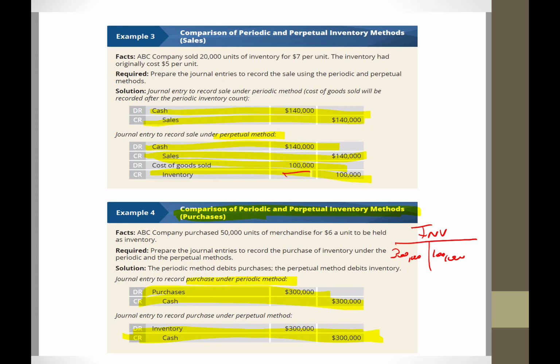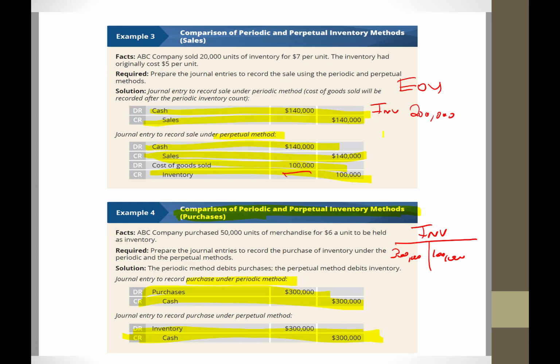I'd have to count the inventory and see that I have 200,000 left, wouldn't I? That's when I would know. So under the periodic method, the year-end entry to catch things up would be to debit inventory for how much is left? 200,000. Again, I would have counted to see that there's 200,000 left, because I wouldn't know until I counted.